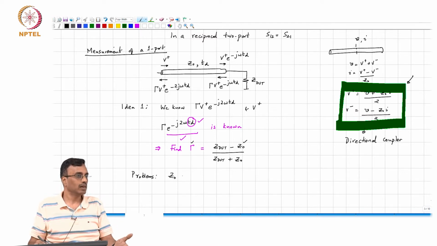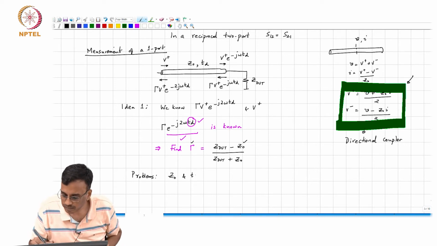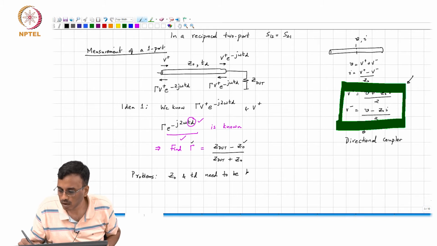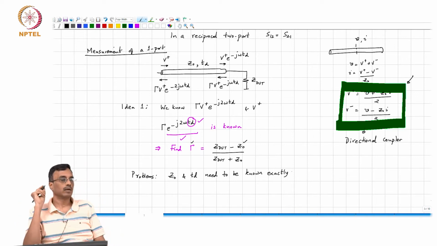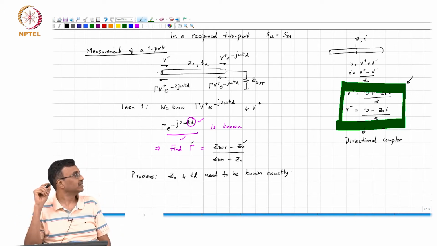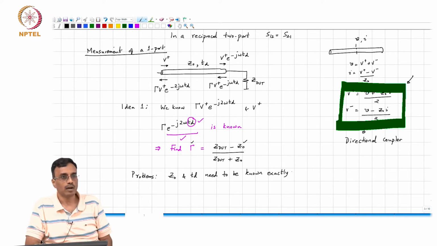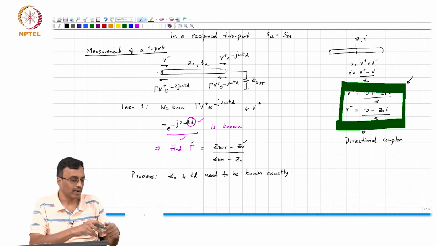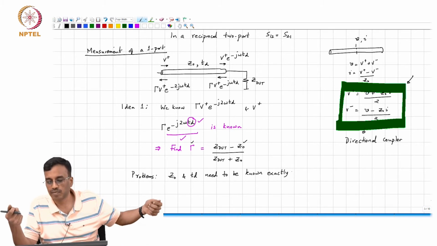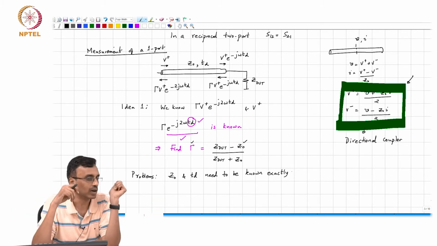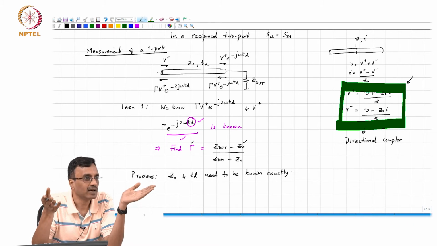have trouble, and likewise, we said that the length of the line is Td, and if the Td is not accurately known, well, if you have a cable in the lab, you know roughly what the Td value is, but you don't know it exactly.